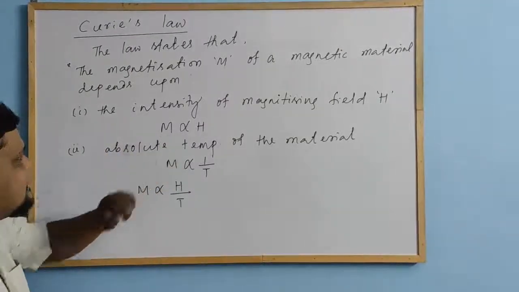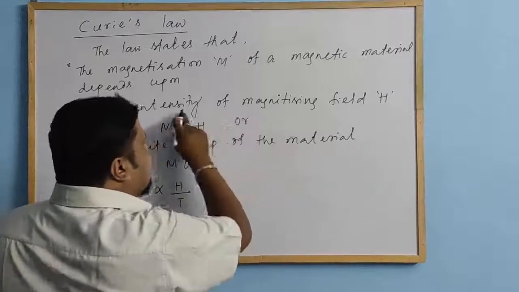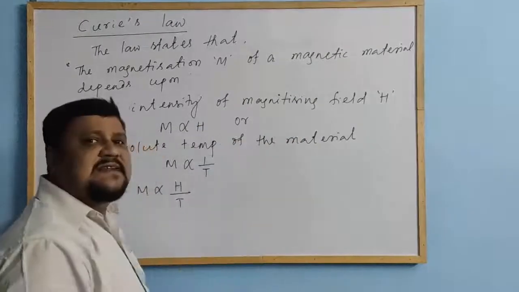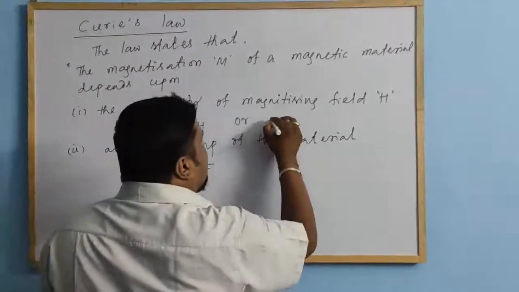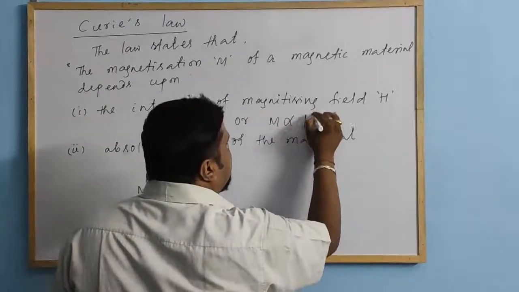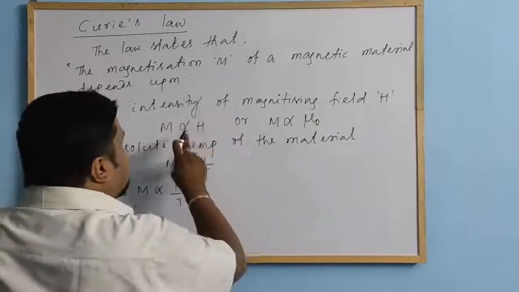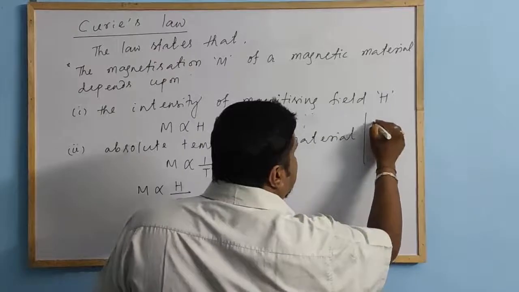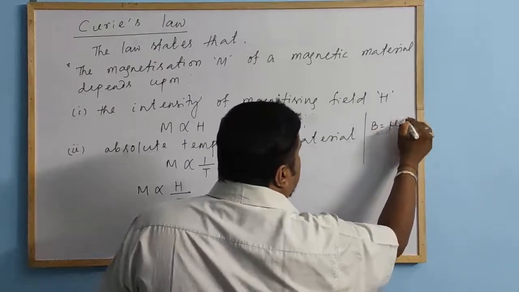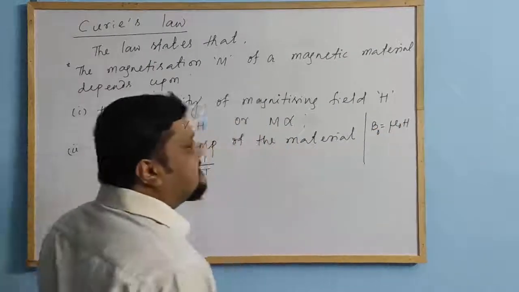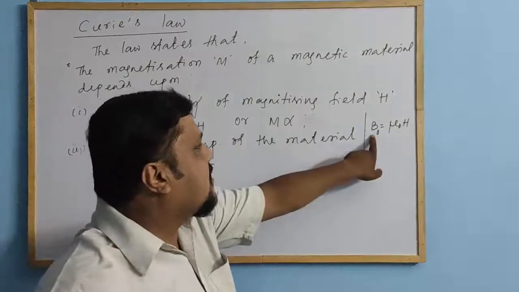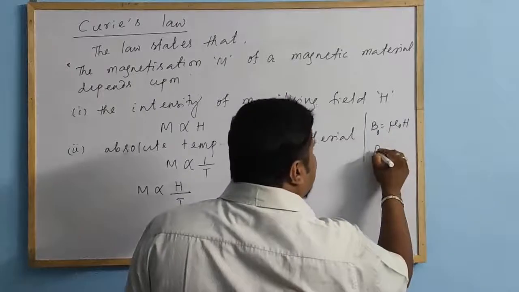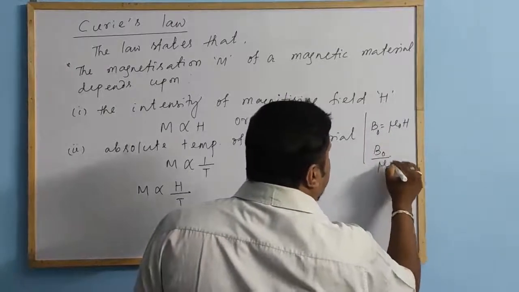Or you can take this in terms of flux density. As you know, B is equal to mu naught H, where B is the flux density in free space. Suppose I take B naught, flux density, mu naught H. So H is equal to B naught by mu naught.